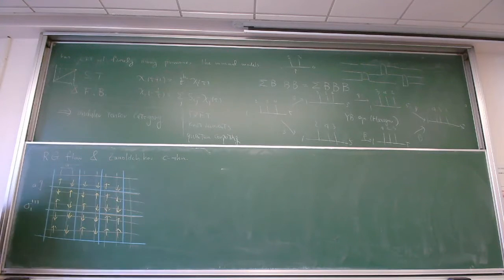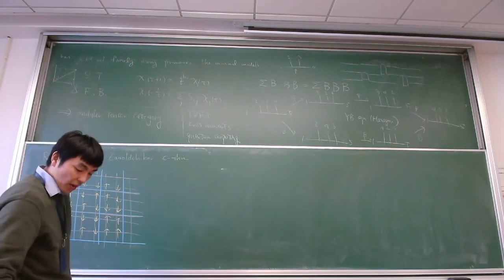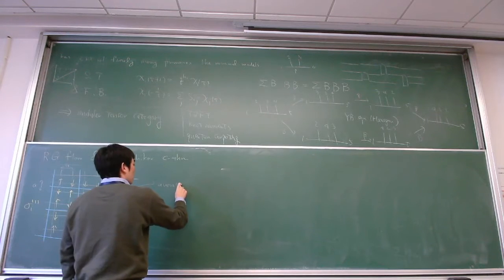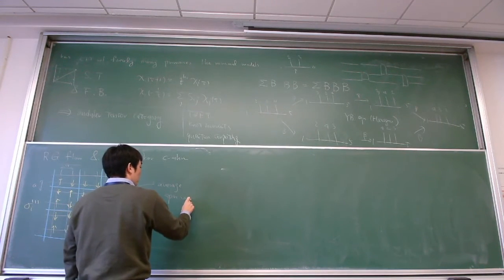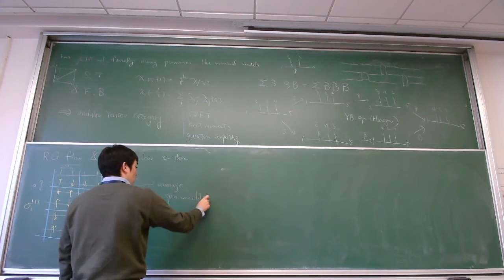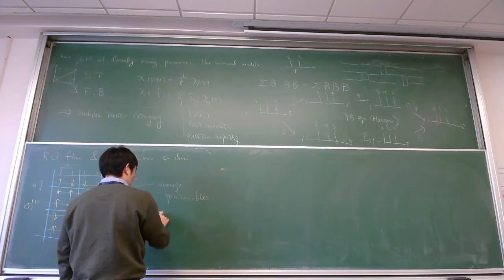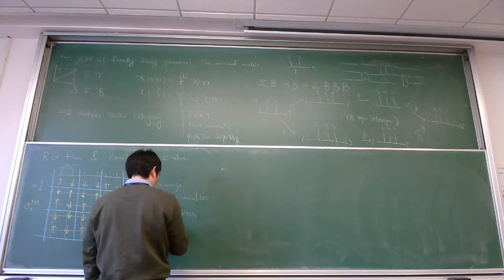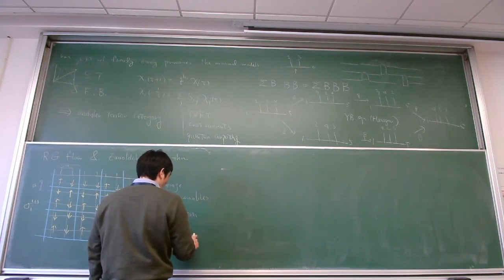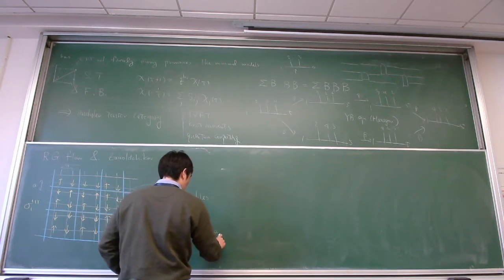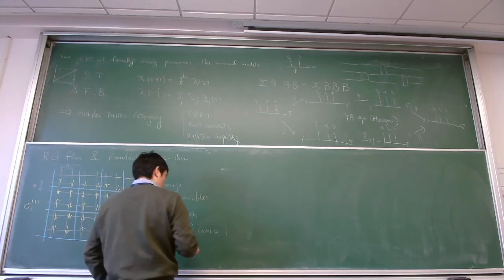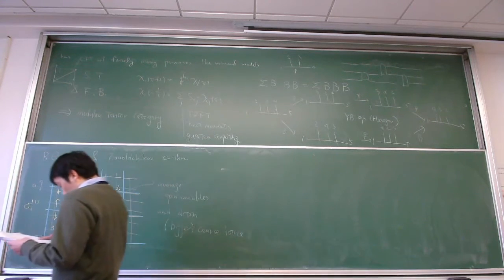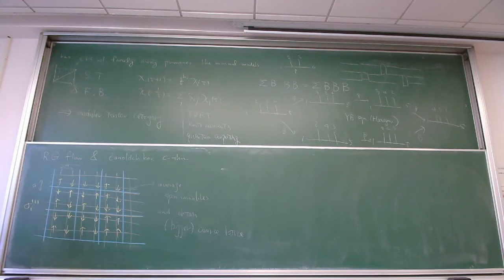Okay, so the idea is to average the spin variable and then obtain a bigger lattice, or a coarse lattice. That's the idea to do that.